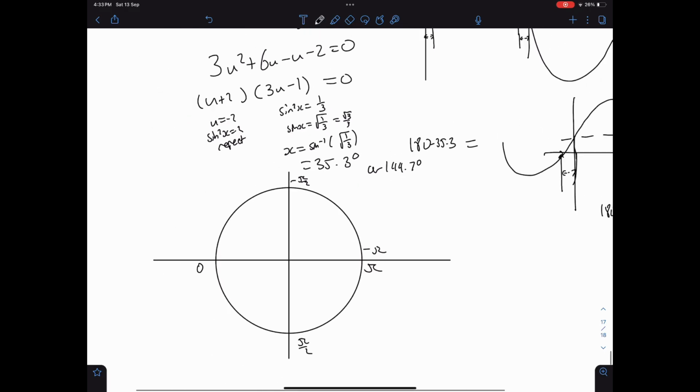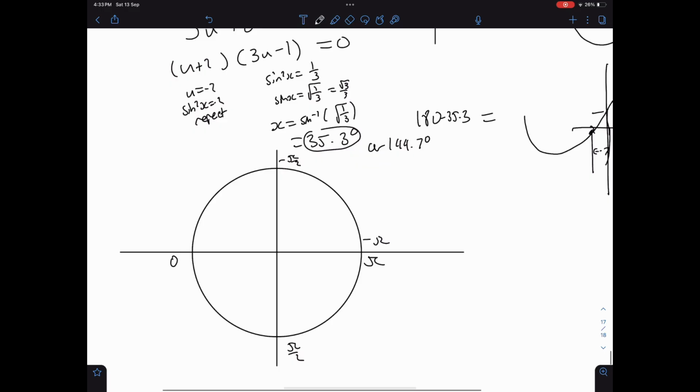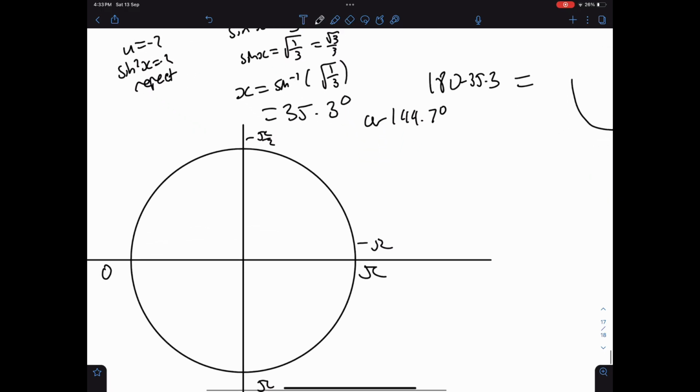So we're doing the same thing, but we're trying to get it in the domain minus pi to pi. We're saying the basic angle happens to be 35.3 degrees, so we know it makes a basic angle in the anti-clockwise direction of 35.3 degrees.